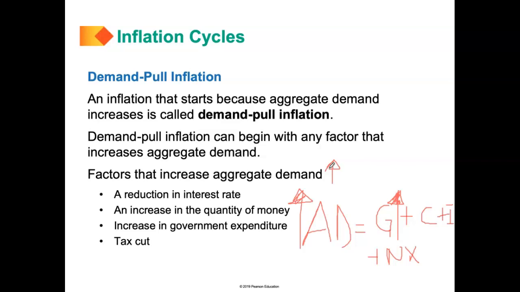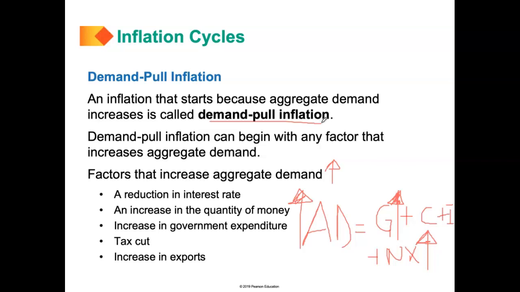And finally, we have an increase in exports, because net exports is increasing and aggregate demand is increasing. So demand pull inflation comes about because aggregate demand is increasing and the price level generally increases.